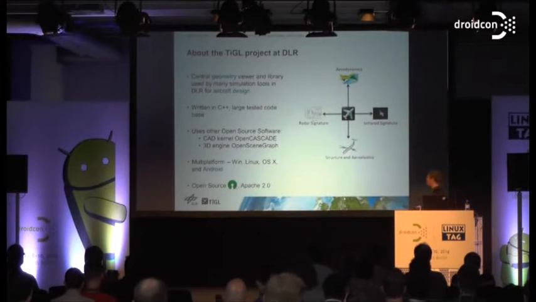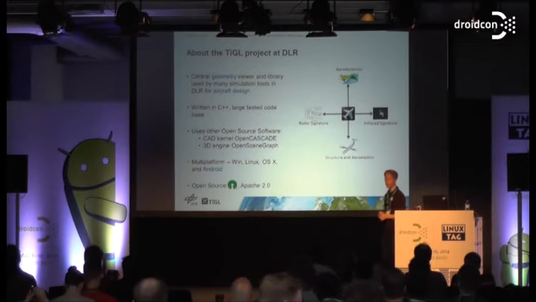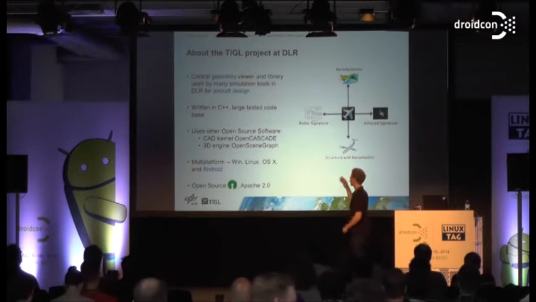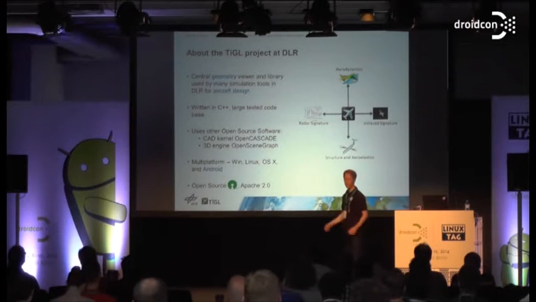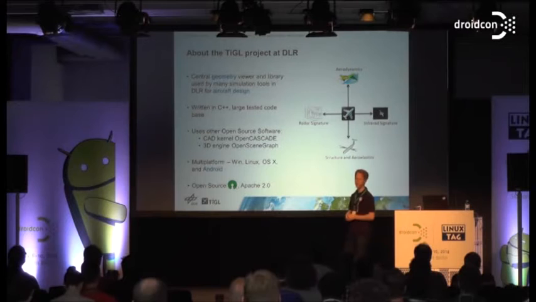So, some words about the app we ported for aircraft design. It's called the TiGL Geometry Library. It consists of a central geometry viewer and library, and it's used by many simulation tools at the German Aerospace Center for designing aircraft and spacecraft. It's written in C++.